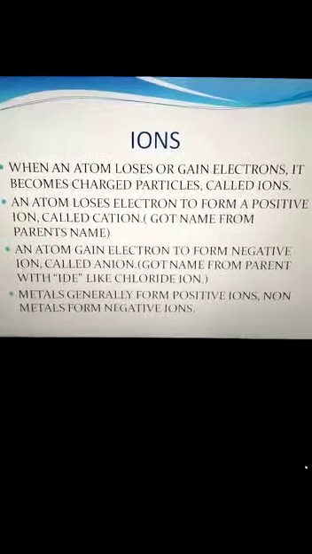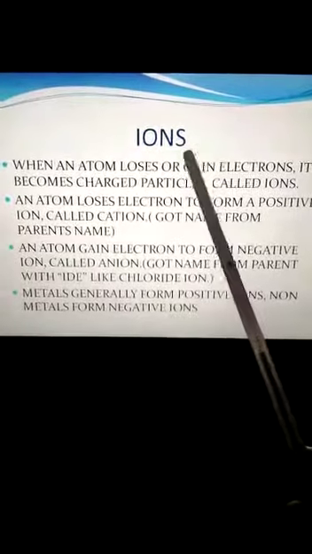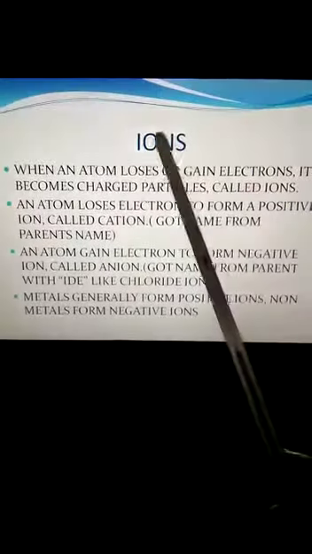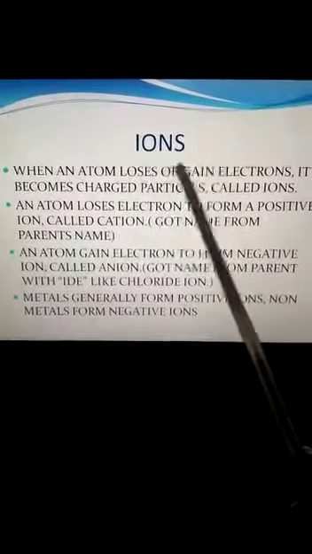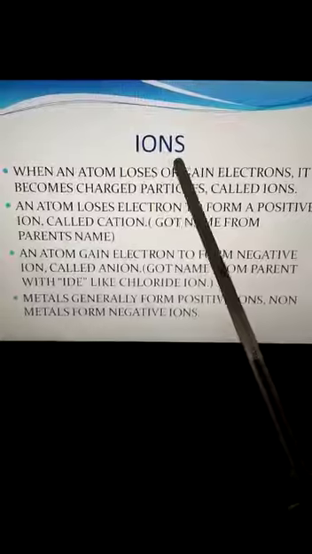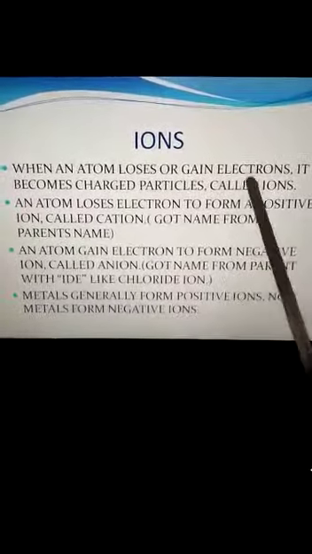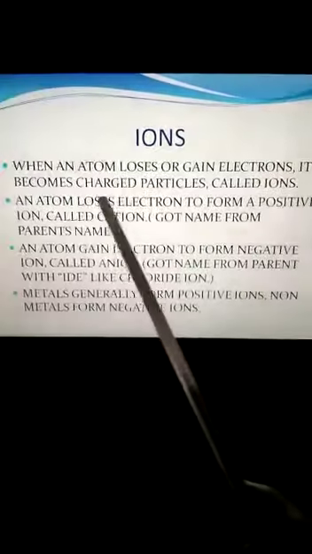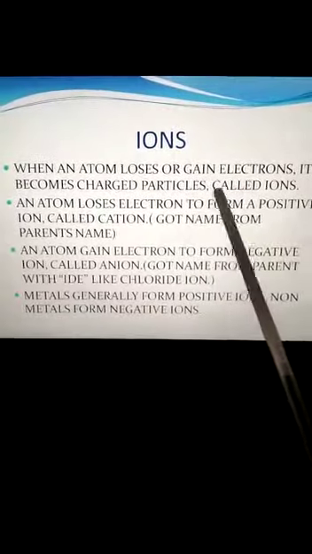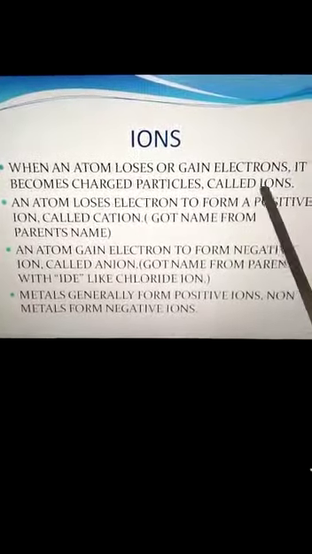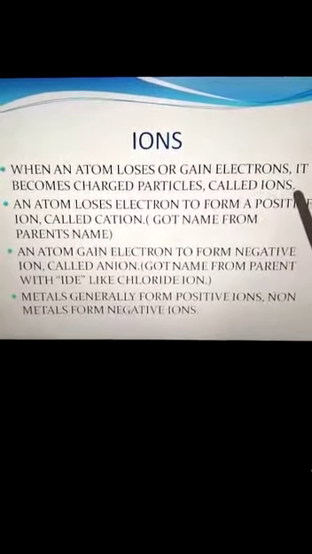Now, I used the term ions. What are ions? Na+1 is not an atom of the element now, that is an ion. When an atom loses or gains electrons, it becomes charged, either positively or negatively. Those charged particles are not known as atoms, they are known as ions.